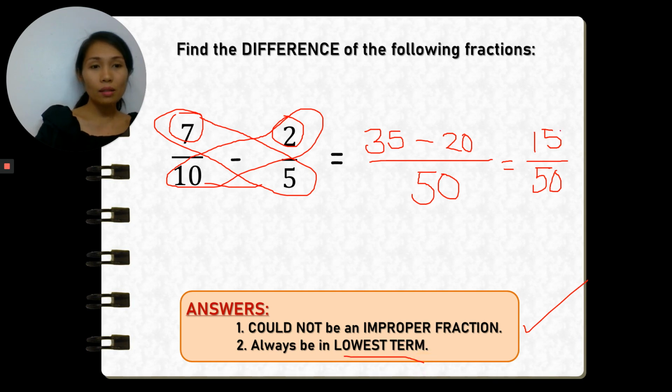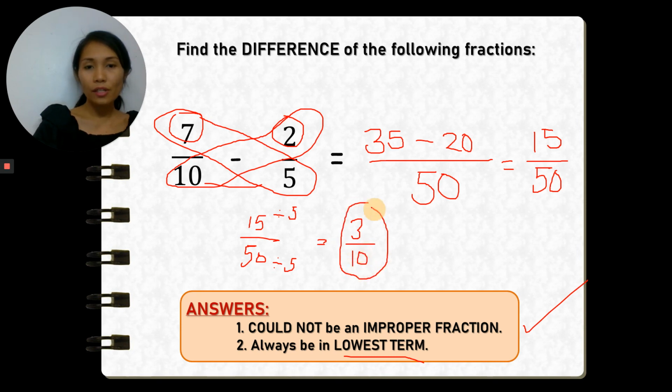You see, we can still divide 15 and 50 by 5. So 15 over 50, let's divide this by 5. 15 divided by 5 is 3. 50 divided by 5 is 10. So our final answer is 3/10.